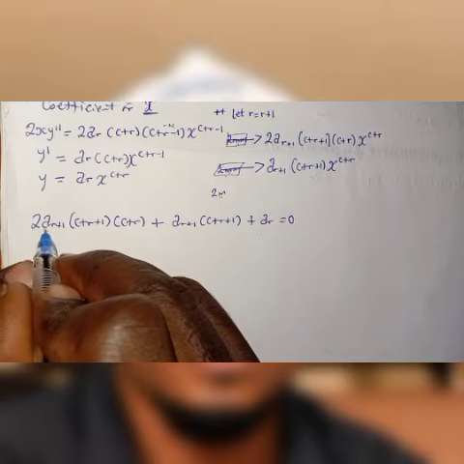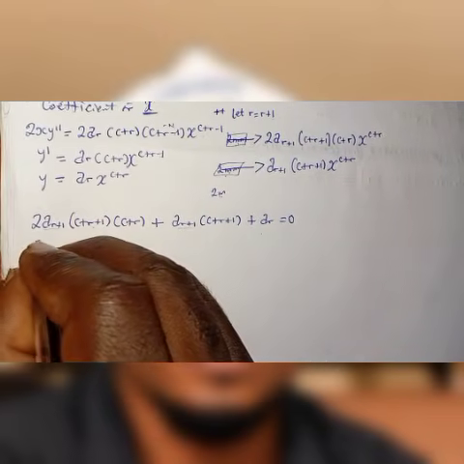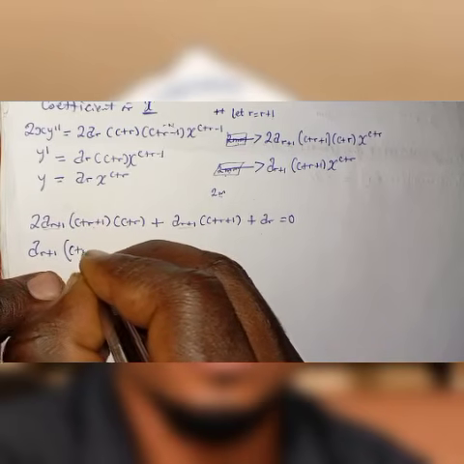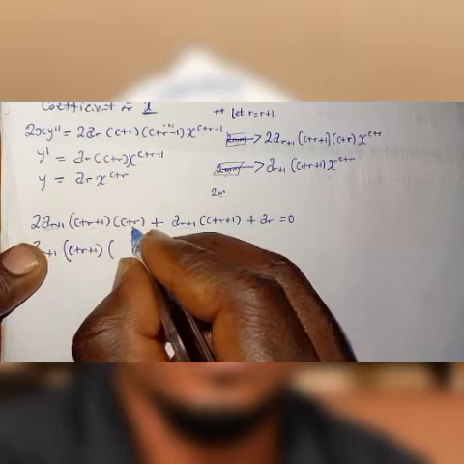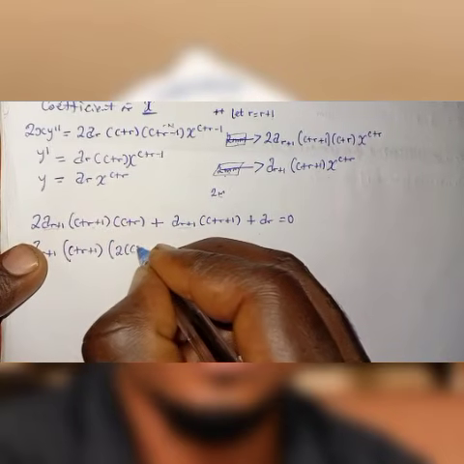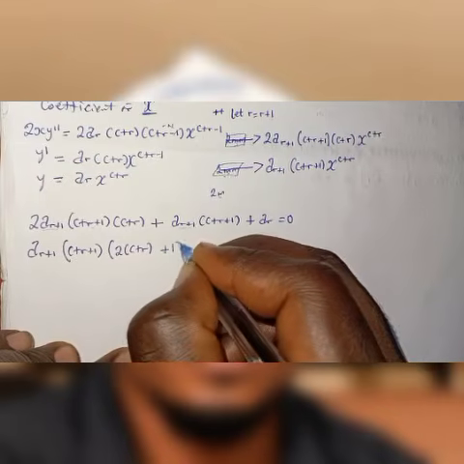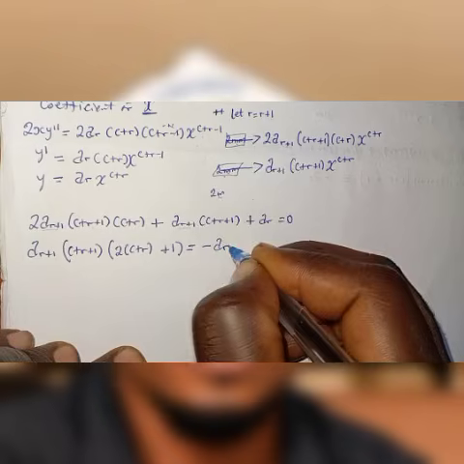Now we can see that a_{r+1} is common, then c plus r plus 1 is also common. So let's factorize it out. So it remains c plus r plus 1. Now it remains 2 and d, so you have 2 times c plus r. It remaining 1 here. Now take this to the other side. We have minus a_r.